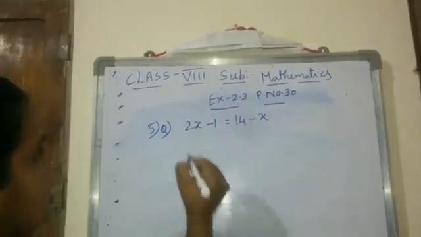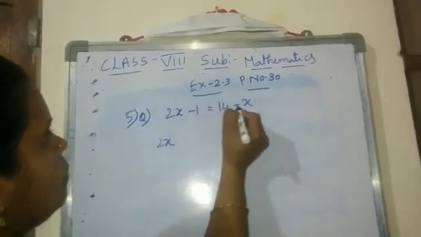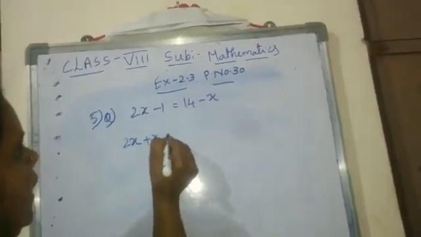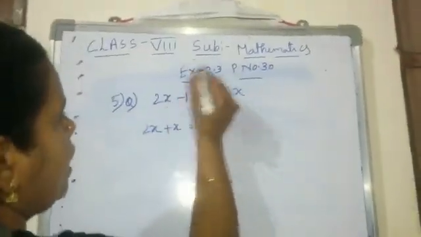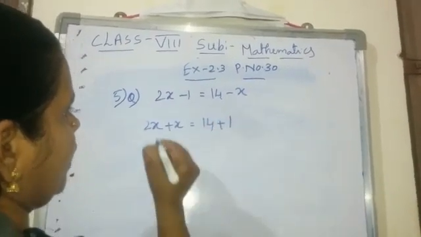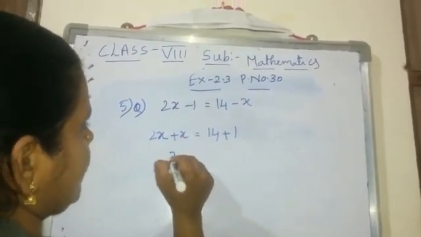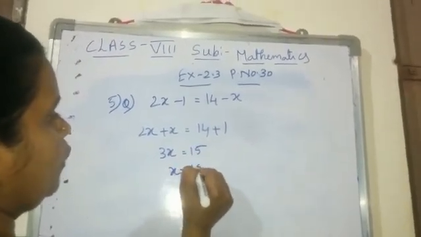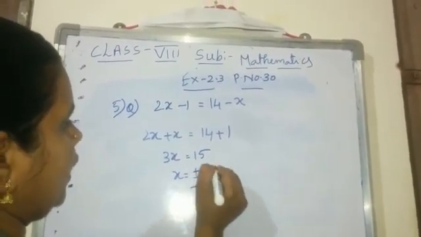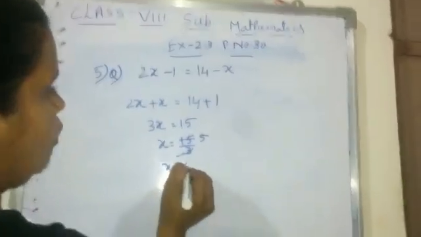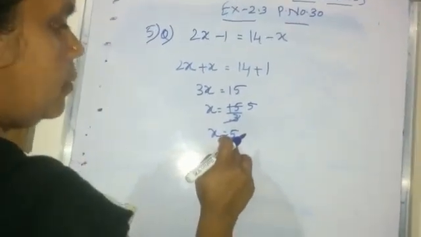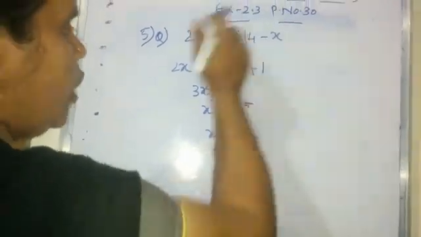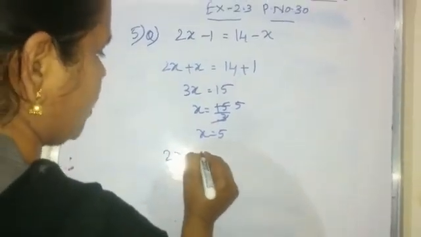Now transpose the x value. 2x, here minus x becomes plus x is equal to 14, minus 1 becomes plus 1. So 2x plus x is 3x is equal to 15, x is equal to 15 by 3, so 3 5s are 15, so x is equal to 5. So check the x, substitute the x value in the given linear equation.